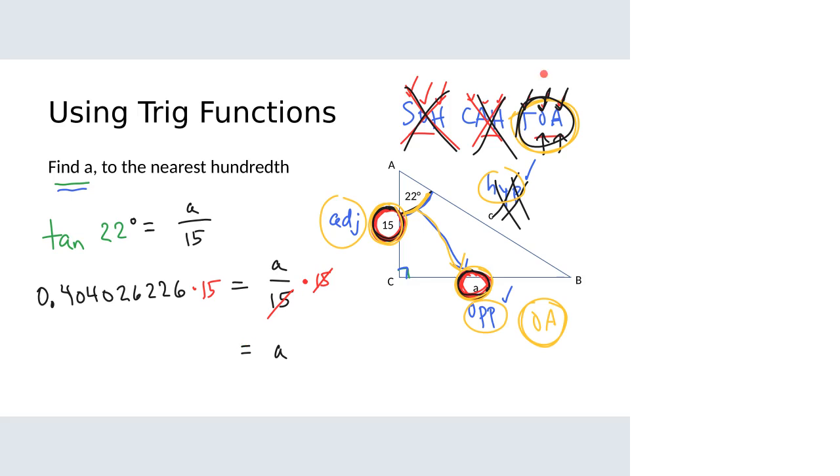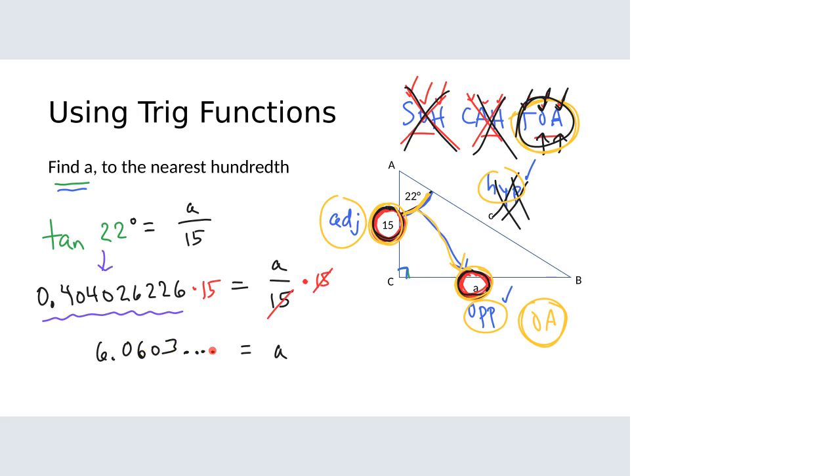Here's a really nice thing in these problems. When I take the tangent of 22 and I get this really long decimal, I'll just leave it on my calculator. I only have one more step to go. I'll multiply by 15 and I'll have 6.0603, and that keeps going.